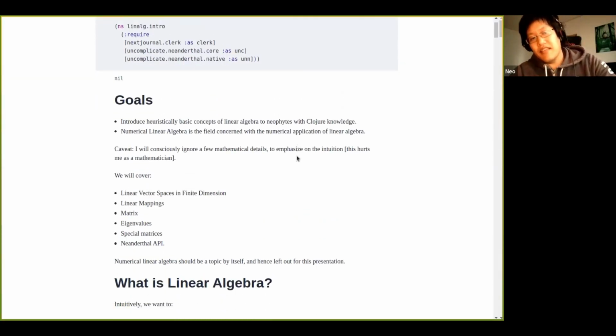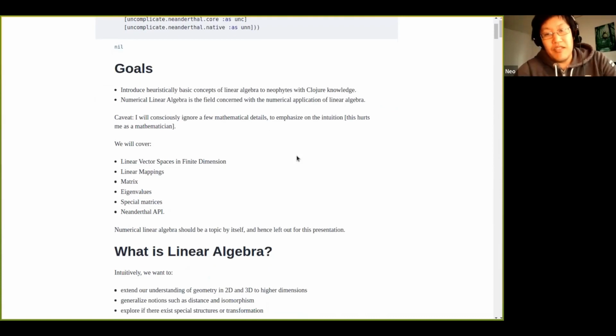As I said, the goal here is to make sure that anyone who does not know what linear algebra is will get out of the presentation with some idea of what it is and could explain it to someone else. I need to be precise here that linear algebra has two sides. One is the theory part that I'm going to present today, all the concepts and why it works, and then the applied part, which is numerical linear algebra.